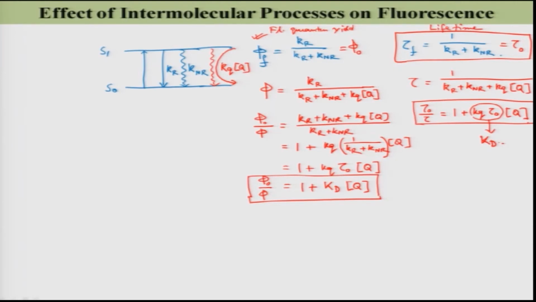So, as I told you, if you plot phi 0 by phi, plotting phi 0 by phi and I 0 by I is the same. Why so?